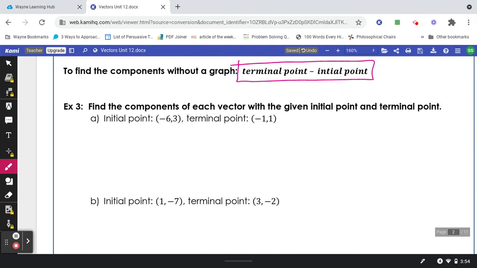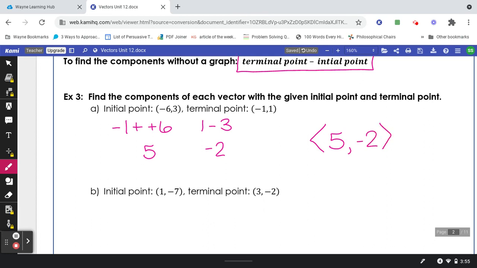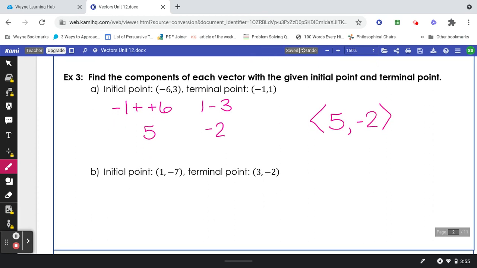So for part A, do the x's first, -1 minus -6. Do the y's next, 1 minus 3. And then just make sure you're carefully adding or subtracting those. It gets us 5 and -2. And then write it using the notation 5, -2, using those triangular brackets.